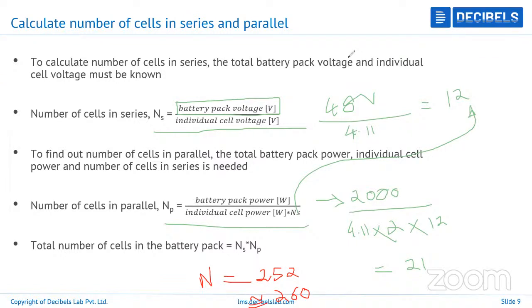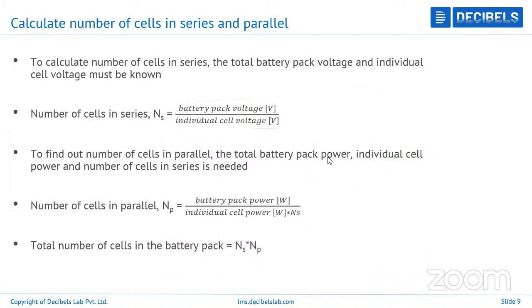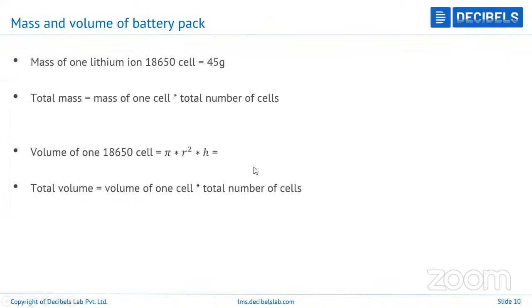So I'll proceed to the last part of our calculation. Over here, we will now find out the mass and volume of the battery pack. If you see any cell data sheet, say for example a lithium ion, any specific data sheet, you will see a particular type of cell called 18650.